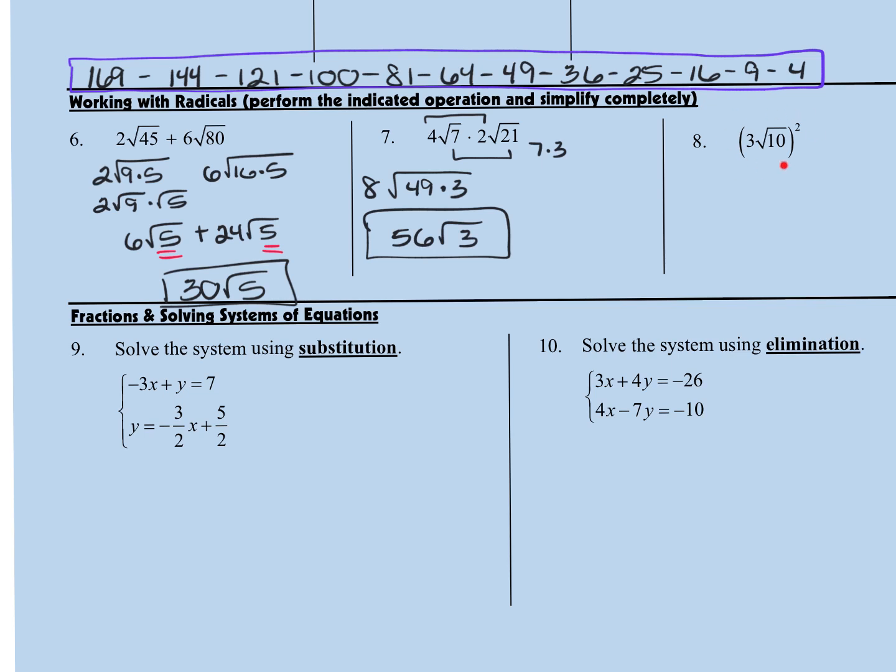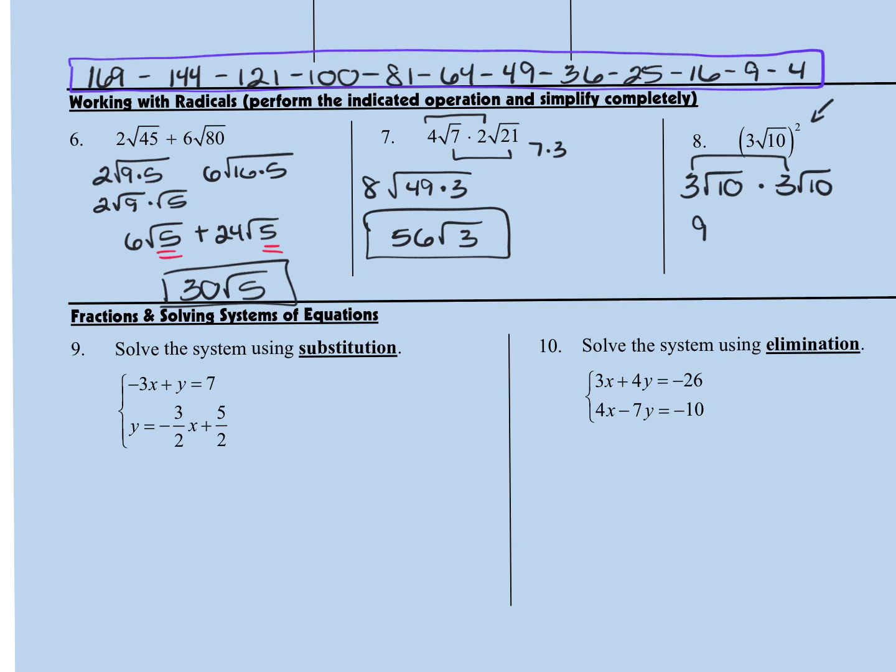On my last one here, what I want us to really remember is what it means to square something. We want to multiply that by itself, and it's very, very helpful if you just write it out both times. It's going to help you avoid that mistake. 3 times 3 is, of course, 9, and the square root of 10 times the square root of 10 should just be 10.